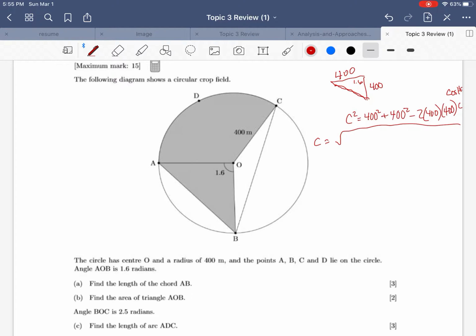All right, so I put that all in the calculator and I take the square root. I'm going to do it in one fell swoop so you don't make any mistakes. 400 squared minus, got a little happy.